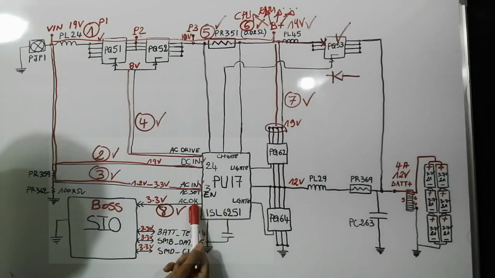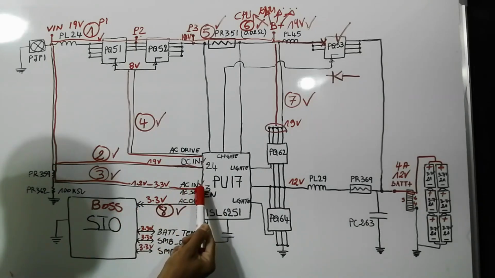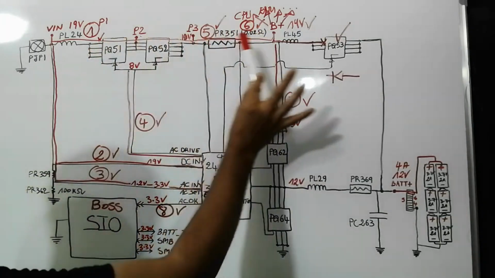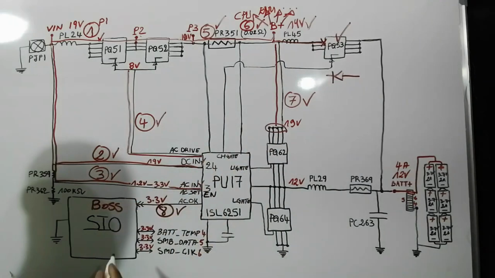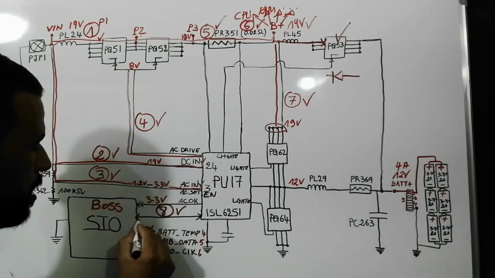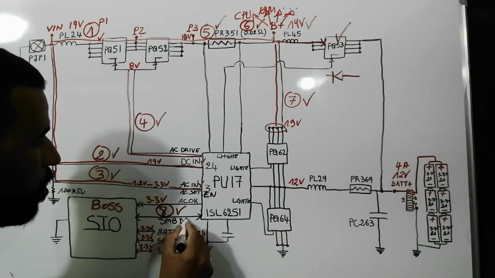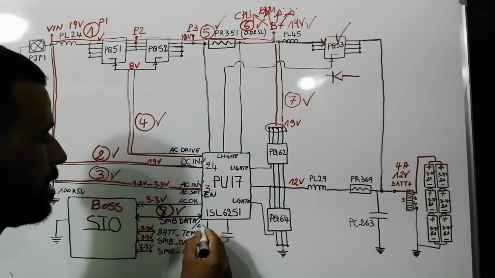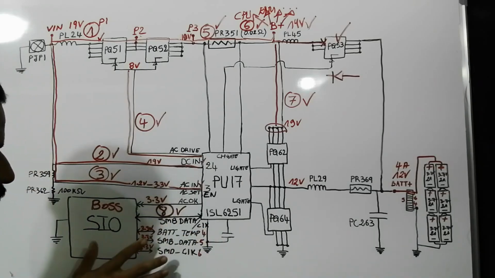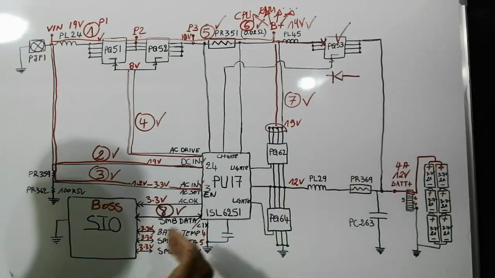So the charge IC will inform this bus that the AC in is detected, the DC in is detected, and also the main voltage is distributed correctly. Then the SIO will send another signal here. Basically this is SMB data, and also SMB clock, the same as those, but those signals will be sent to the battery. We're going to discuss these signals later.